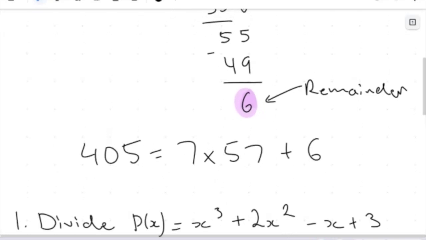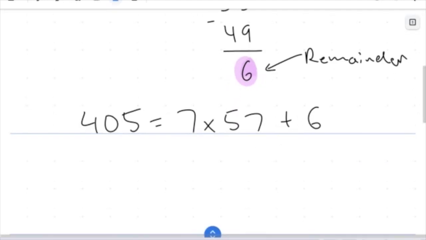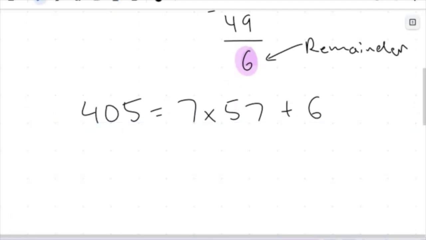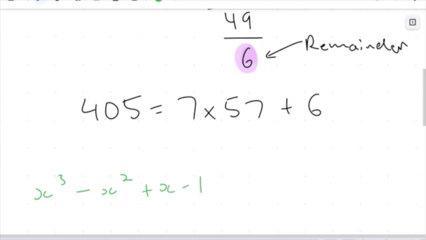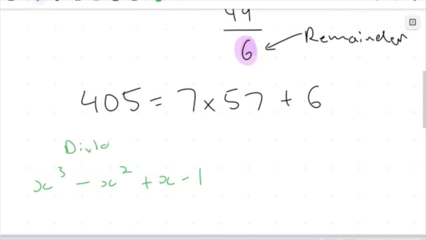So in essence, applying this to polynomials, when we divide something through, I'll give you an example here. We're going to talk about our dividend, the number getting divided. So say we did, I don't know, x cubed minus x squared plus x minus 1. If this was our dividend, the number getting divided, once we divide it through, we're going to get a divisor.